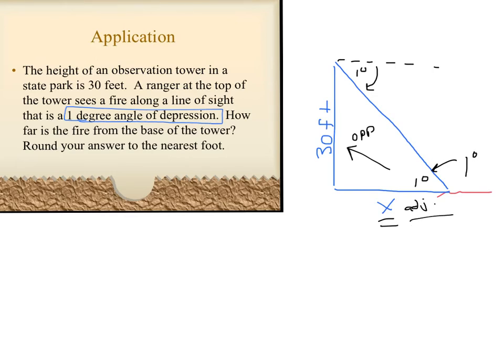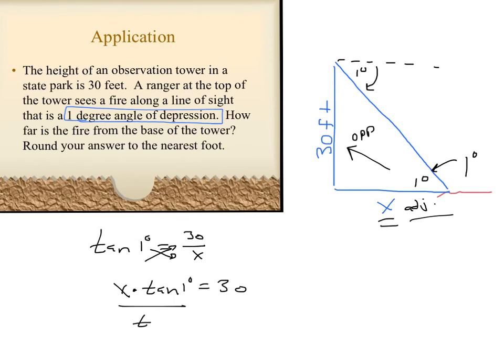So I'm going to take the tangent of 1 degree, making sure my calculator is in degrees, equal to opposite over adjacent. I would then cross multiply, and I get x times tangent of 1 degree is equal to 30. I have to solve for x, so I divide by the tangent of 1 degree.